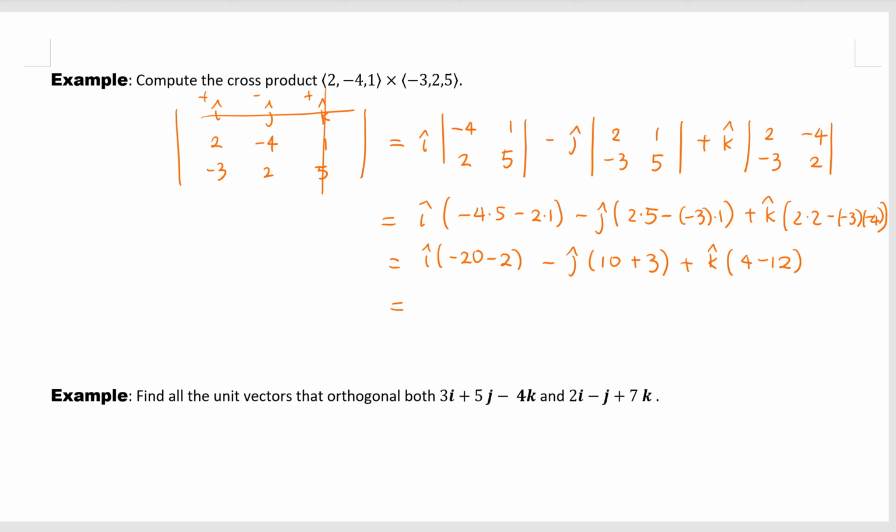So this is minus 22i and then minus 13j and then minus 8k. If we want to put it in component form, this is minus 22, minus 13, and minus 8.